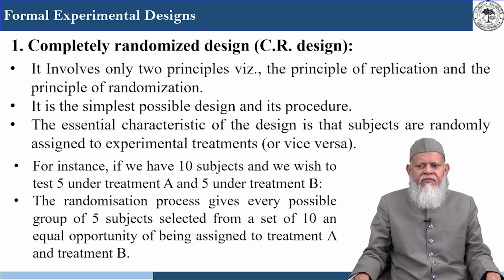We had 10 subjects and we wanted to test 5 under treatment A and 5 under treatment B. So, the randomization process gives every possible group of 5 subjects selected from a set of 10 an equal opportunity of being assigned either to treatment A or treatment B.